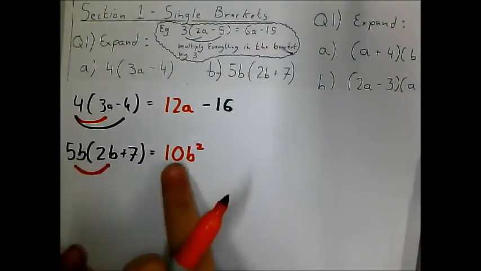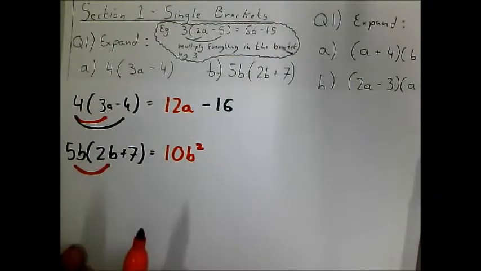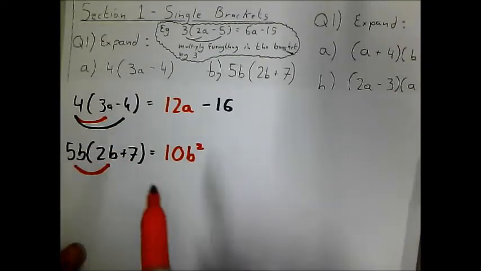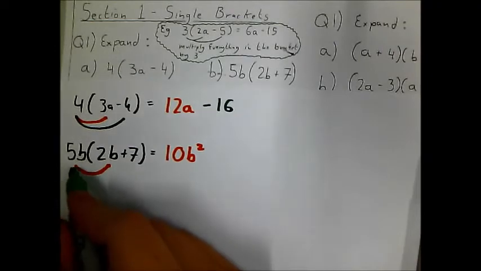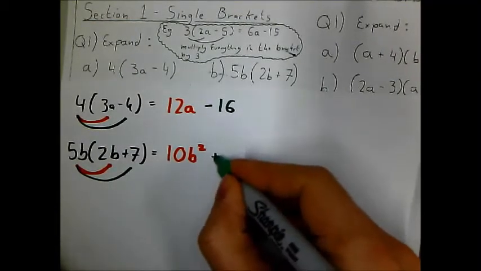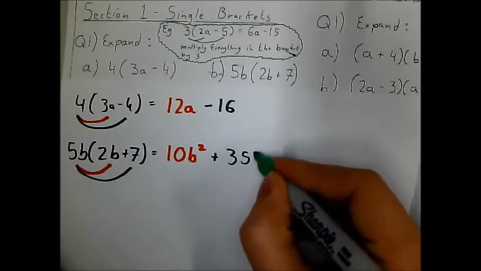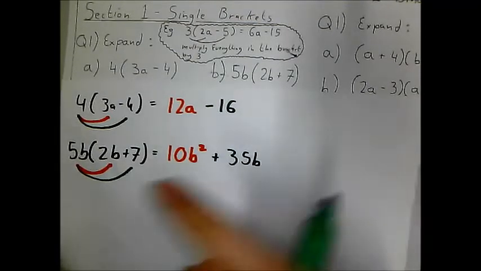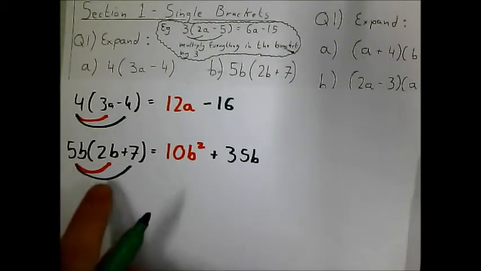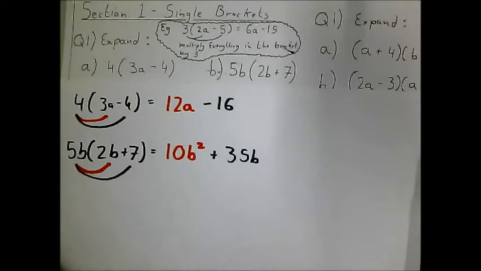Okay, so for this one, 5 lots of 2 is 10, b times b is b squared. So just watch out, that's the common mistake that some people make. Okay, and then 5b lots of 7 is positive 35b. So you're multiplying 5b by 7. And you can split it up into 7 times 5 times b, which is 35b.